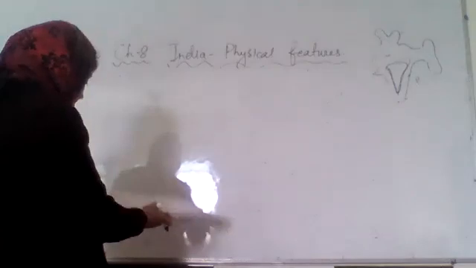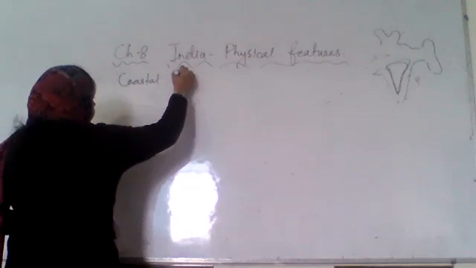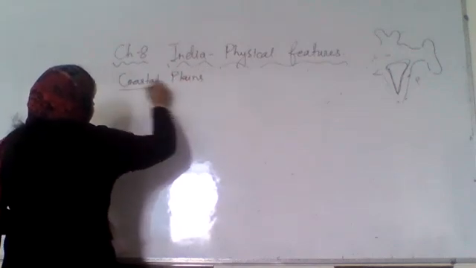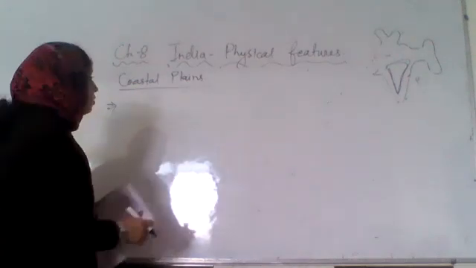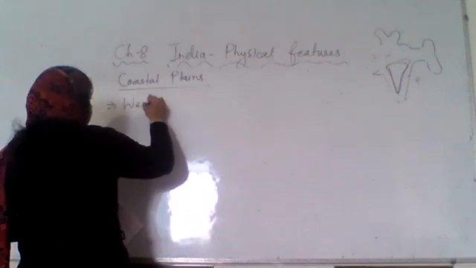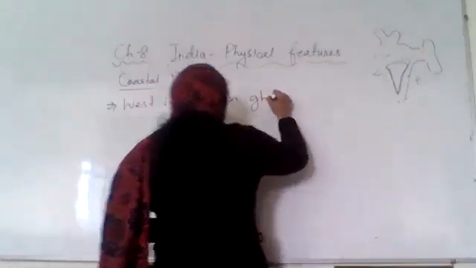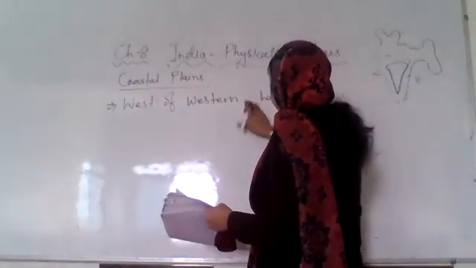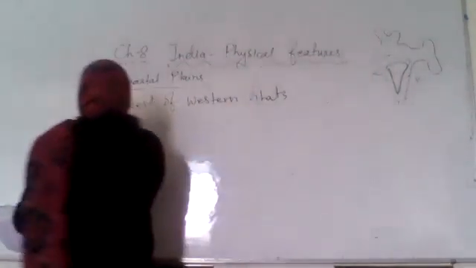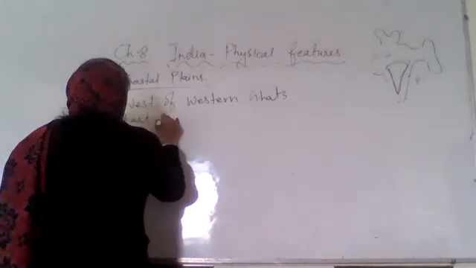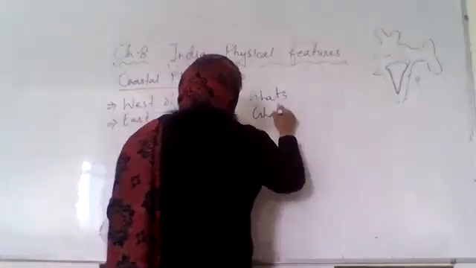Now next is coastal plains. In coastal plains, to the west of Western Ghat and to the east of Eastern Ghat, we have coastal plains.